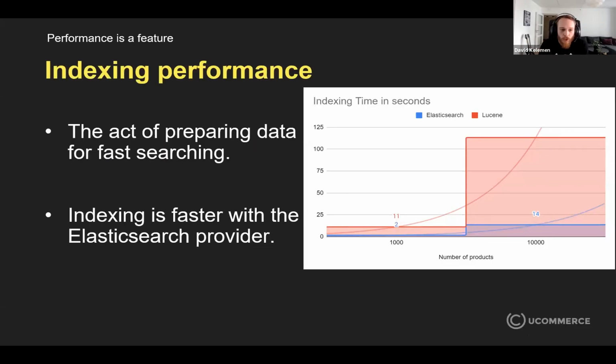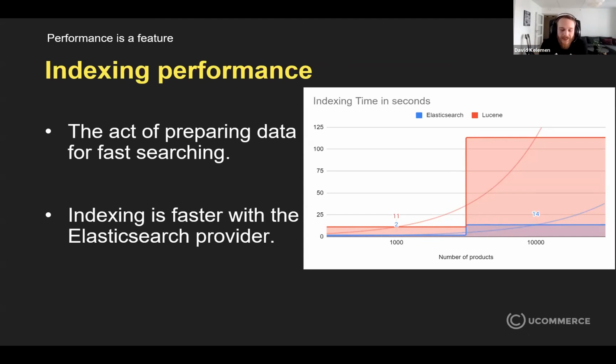So first off, I'm going to cover the indexing performance, and this is what we call the non-critical performance of the application. This is the act of preparing all your data so that it can be searched by many, many customers over and over as fast as possible. So this is where we usually prefer to take a performance hit over when actually searching.